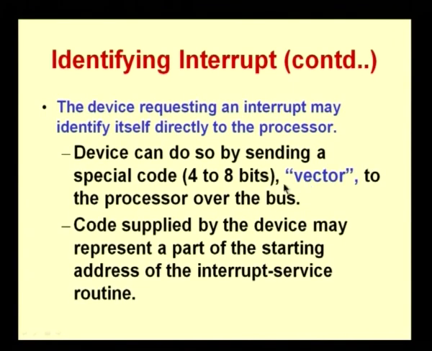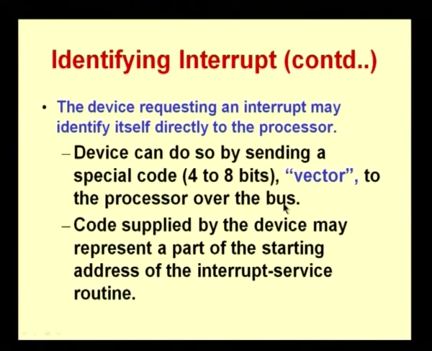Now, when do you actually specify this vector? This is normally done in response to the interrupt. That is, when an interrupt request is generated, the processor can respond by giving an interrupt acknowledgement signal. When this acknowledgement signal is given, at that time this vector or the special code can be sent over the bus by the device to the processor.